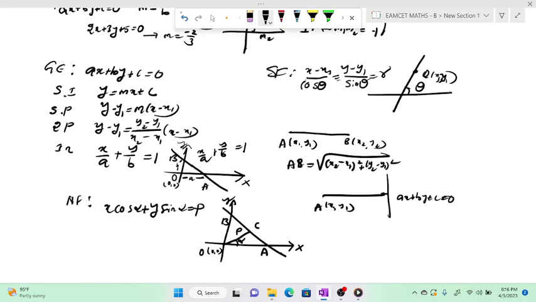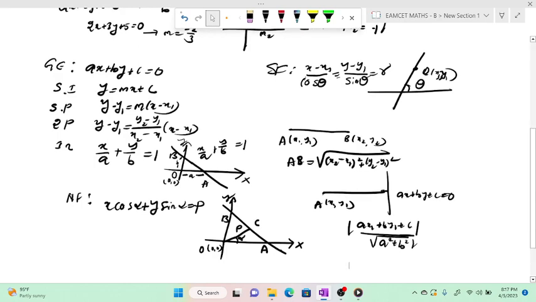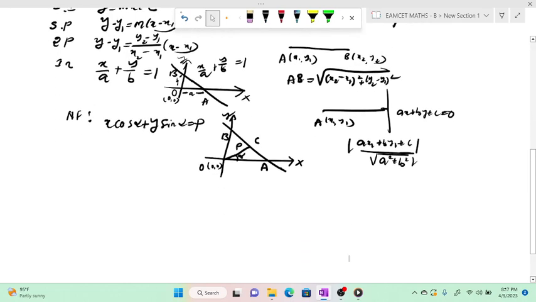The perpendicular distance from A of x1, y1 to the line ax plus by plus c equals 0 is mod of ax1 plus by1 plus c by under root of a square plus b square. This is the perpendicular distance from A of x1, y1 to the line ax plus by plus c equals 0. Next one is the distance between two parallel lines.